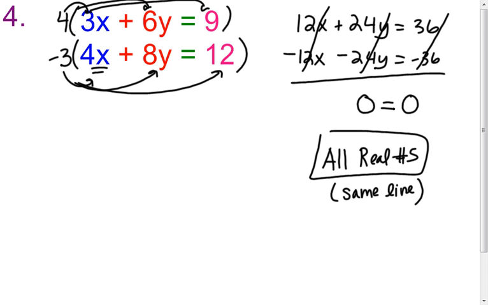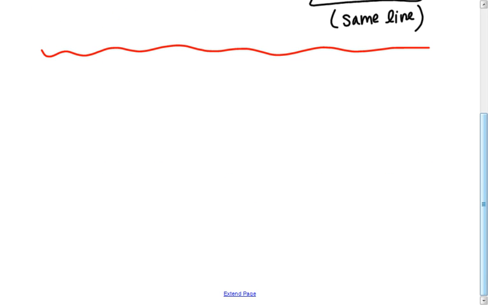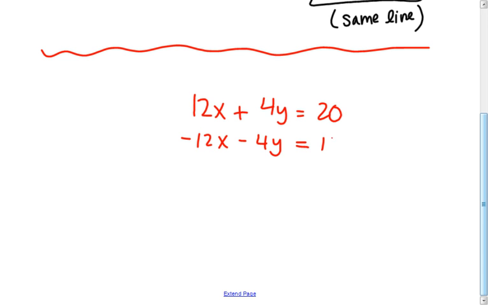Okay? If you got to the point, let's say, separate problem, okay? And let's say you got to the point where you had this. 12x plus 4y equals 20, and negative 12x minus 4y equals 10, okay? Let's say you were at this point in the equation. Well, you would add your x's together, they'd drop.